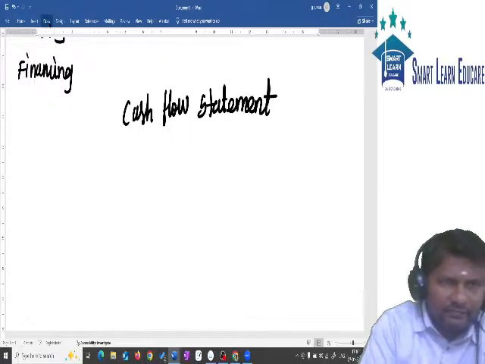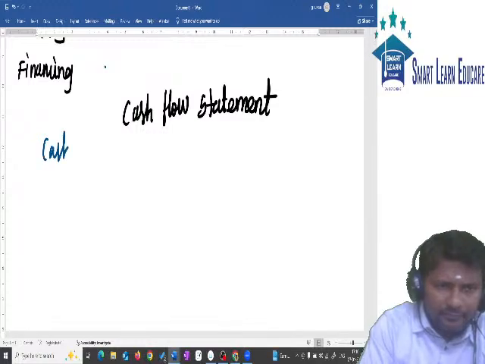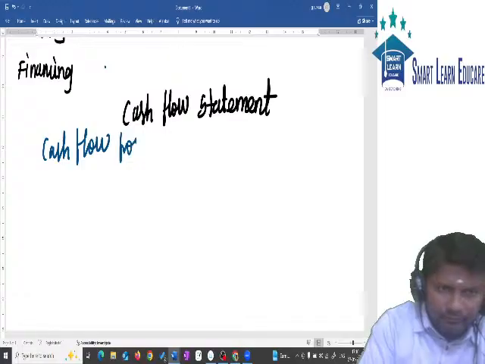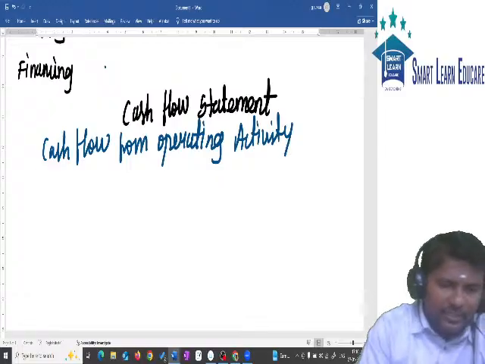First major heading: cash flow from operation. Cash flow from operating activity.